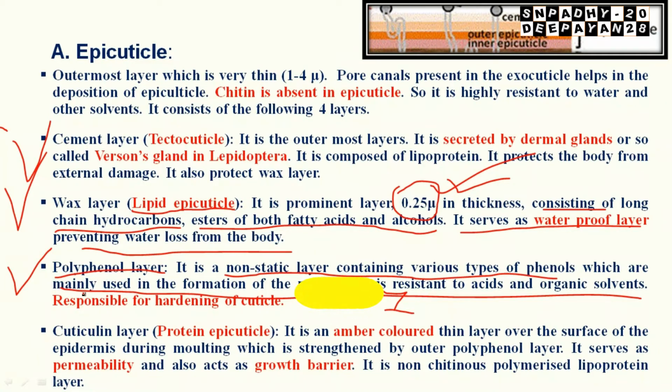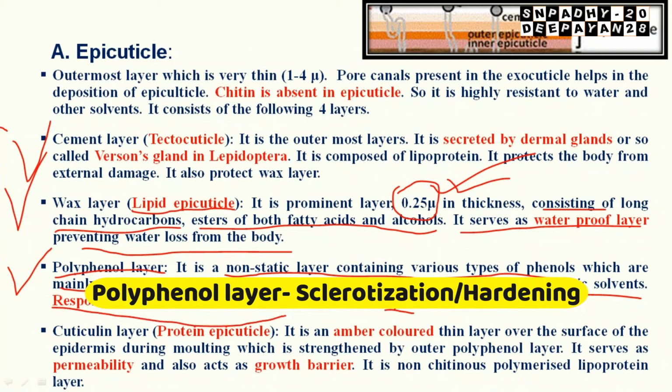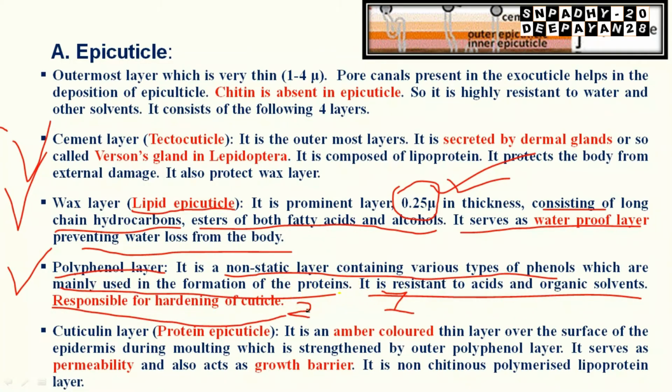They are responsible for hardening of the cuticle. That is an important function. So what to remember here? Polyphenol layer: what is the function? It acts as a barrier or resistance to acids and organic solvents, and it also helps in hardening of the cuticle. That is the major function of the polyphenol layer.